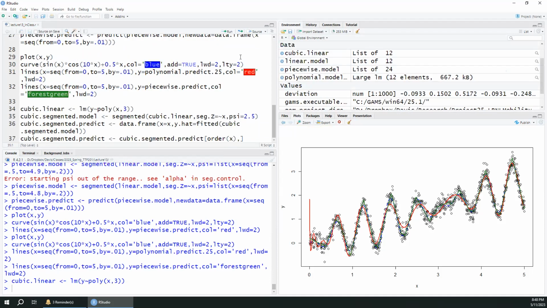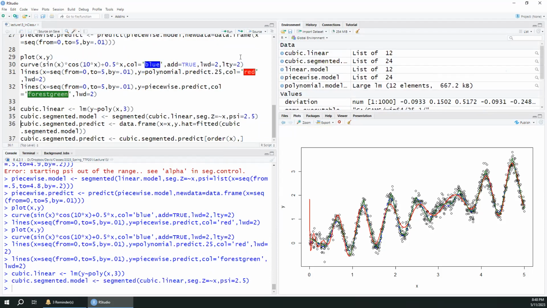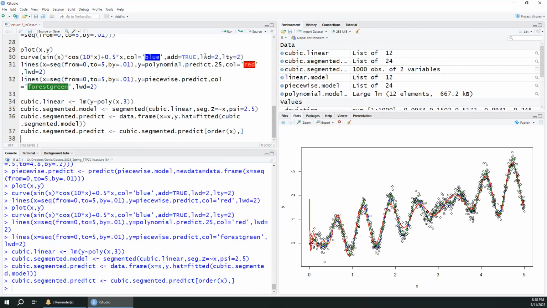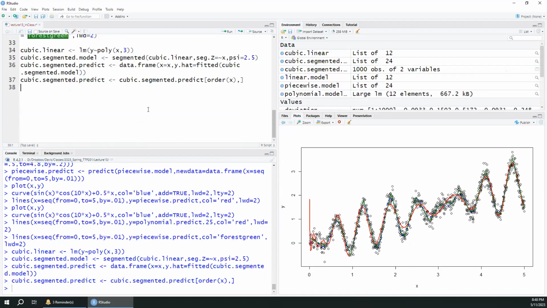So that is our cubic linear model. We do a segmented version of the cubic linear model, and then we predict based off of that model.